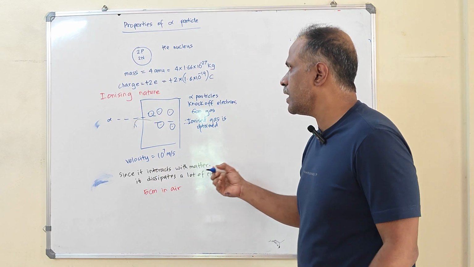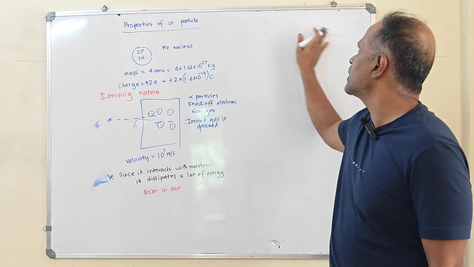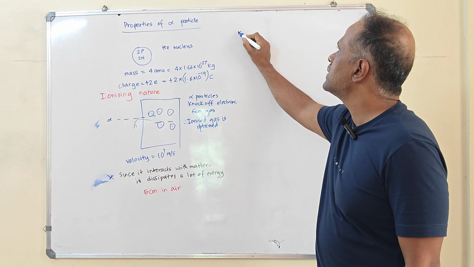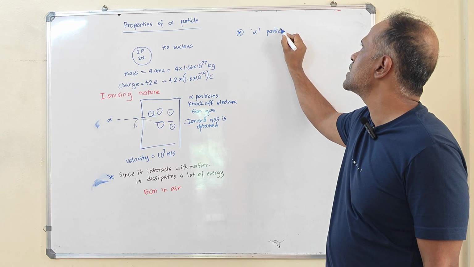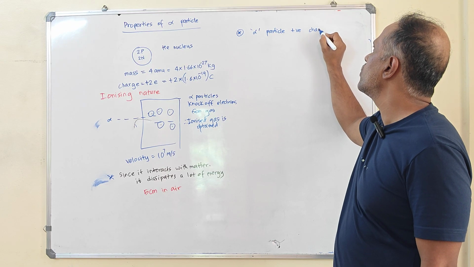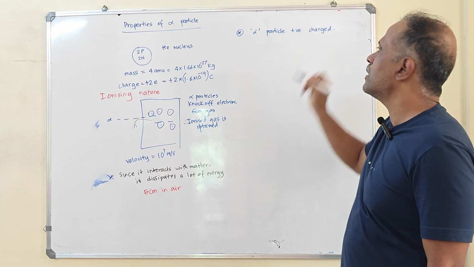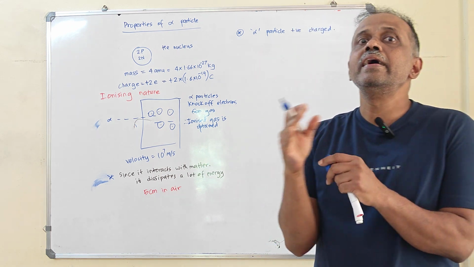Now the other important point. What is the other important point? I will write it over here. Alpha particles are positively charged. So whenever they are subjected to an electric field, they are deflected towards the negative plate.